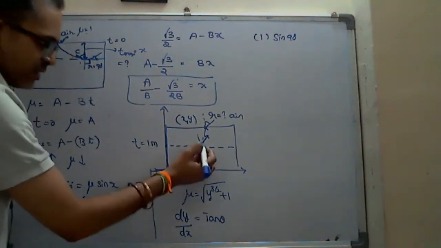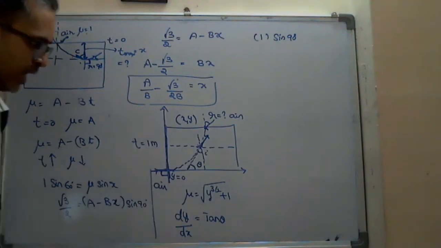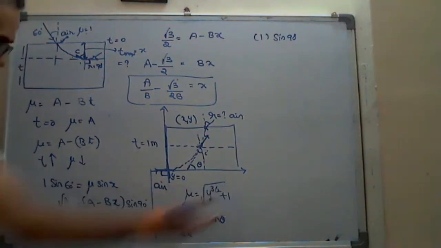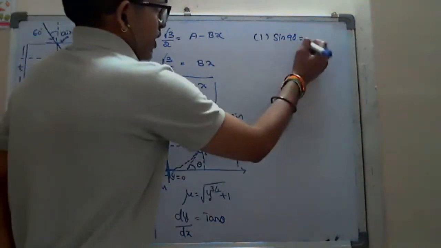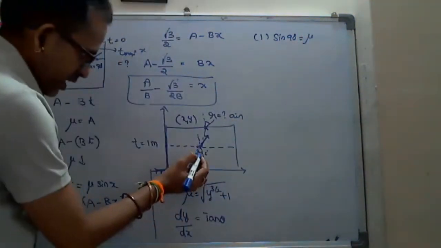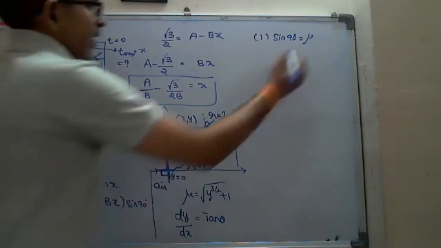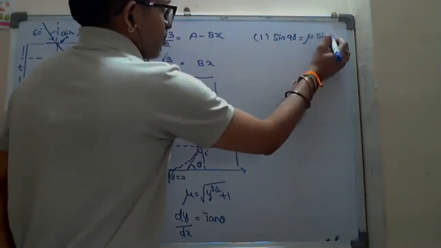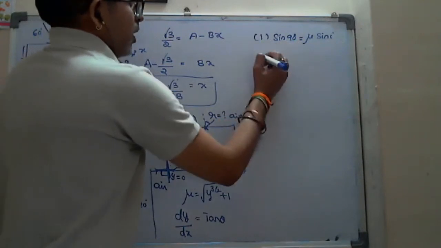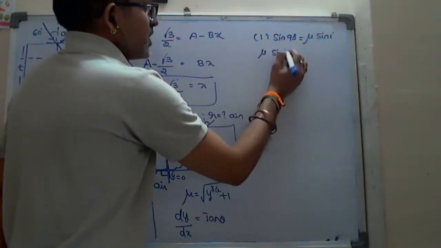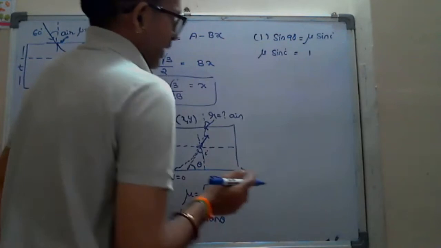I don't know the mu value there, but a mu relation is given, so I can write mu sine I, which equals 1 into sine 90, which is 1.